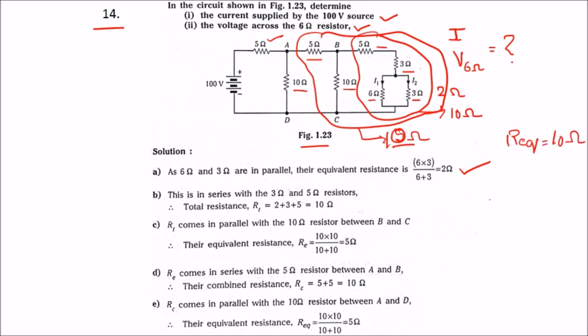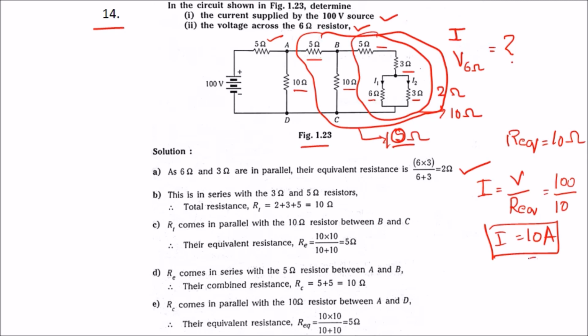Using this we can find I equal to V by R equivalent, that is 100 divided by 10. So I is equal to 10 amps. The current supplied by the 100 volt source is 10 amps.